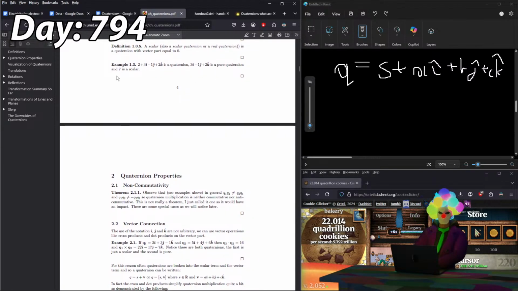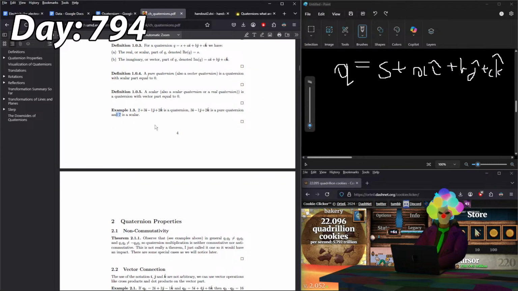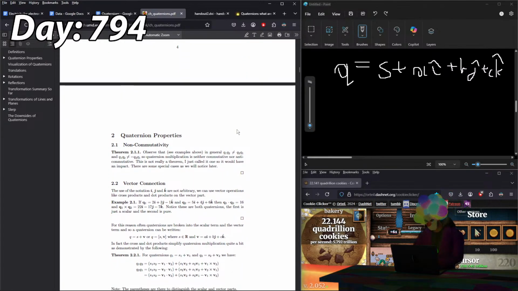Pure quaternion, and 7 is a scalar. Wait, why is 7 a scalar? Oh, never mind. For a second I thought they were going for a single one. Okay, yeah, that messed me up. So this number is a quaternion, this number is a pure quaternion, this number is a scalar. That checks out. So far, I'm with them.